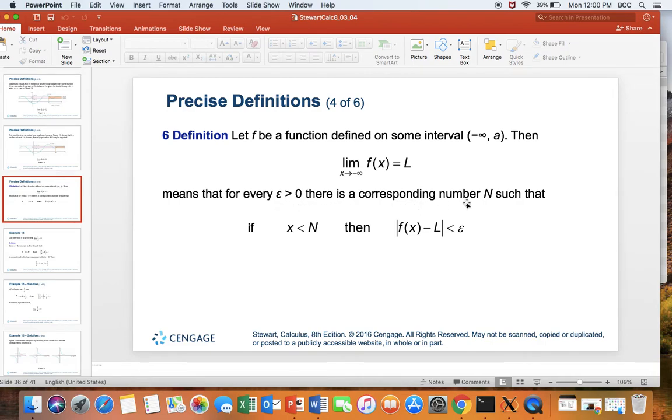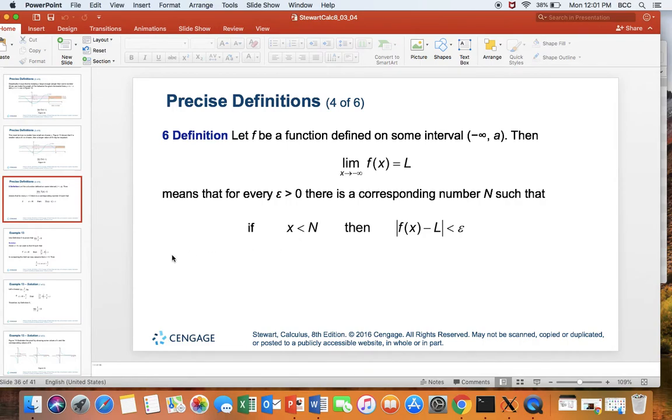a corresponding number N such that if x is less than N, then absolute value f(x) minus L is less than epsilon. So let me explain this once again. What this means is, for large enough x to the left, x less than capital N, okay?